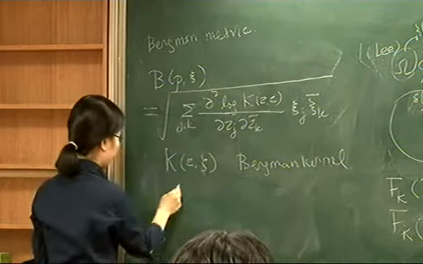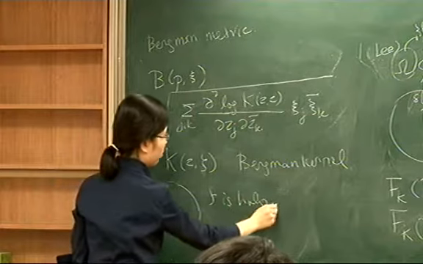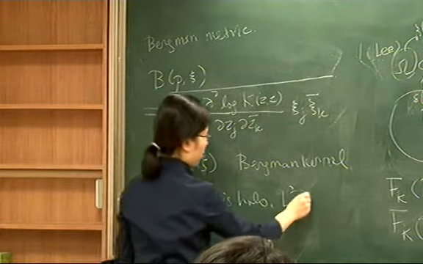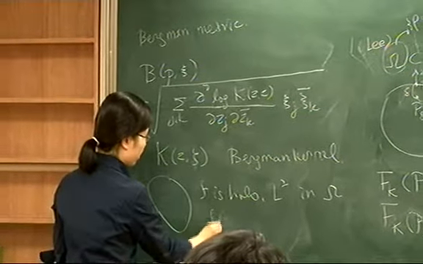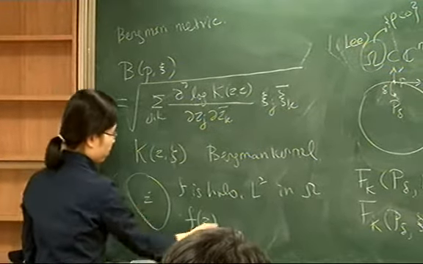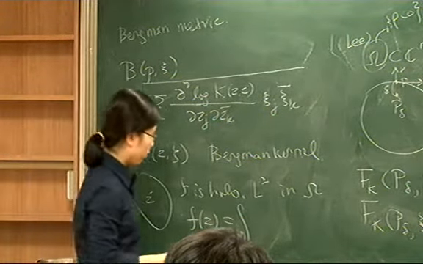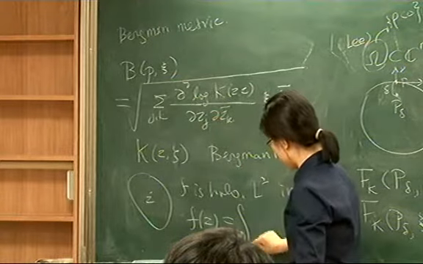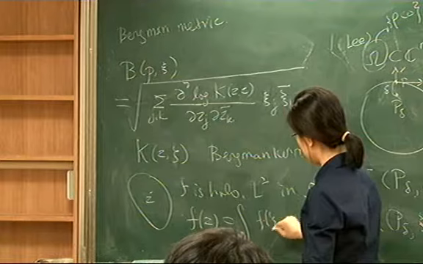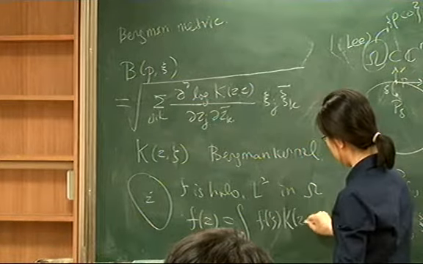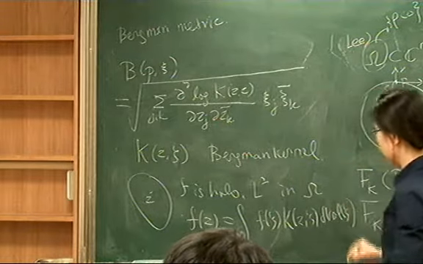That means if f is holomorphic and in L2 of omega, then f at z is the volume integral over omega of f(zeta) times K(z, zeta) d volume zeta. So K reproduces the L2 holomorphic functions.